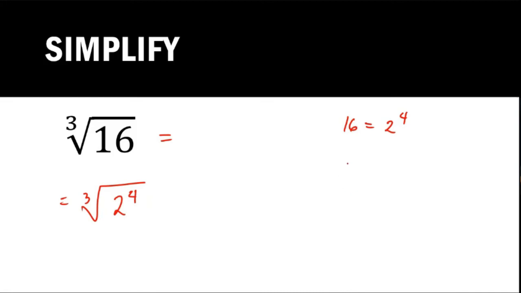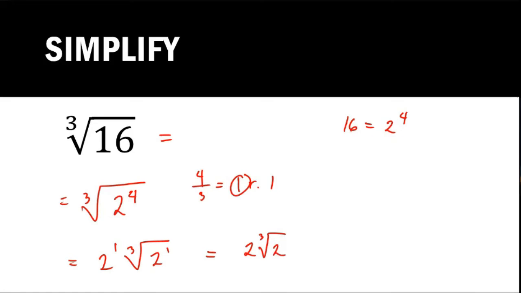Now we will be dividing 4 by 3. 4 divided by 3 is equal to 1 with a remainder which is equal to 1. Therefore, the exponent of 2 outside will be equal to 1, cube root of 2 raised to 1. So the answer will now be 2 cube root of 2.